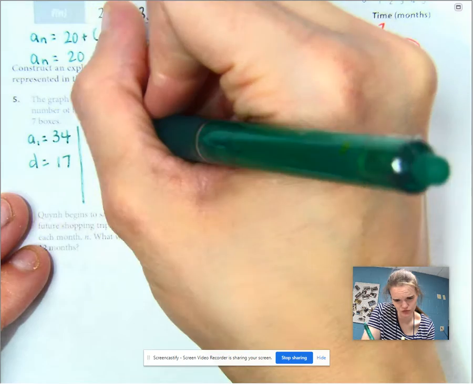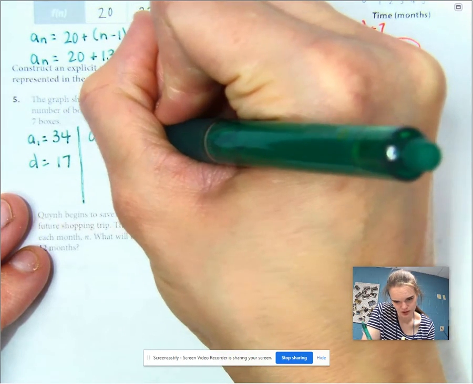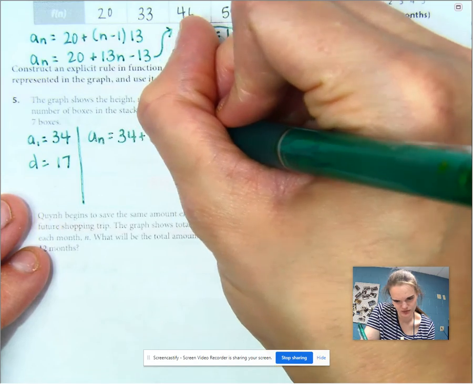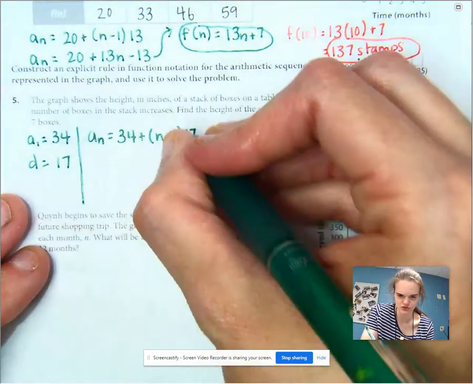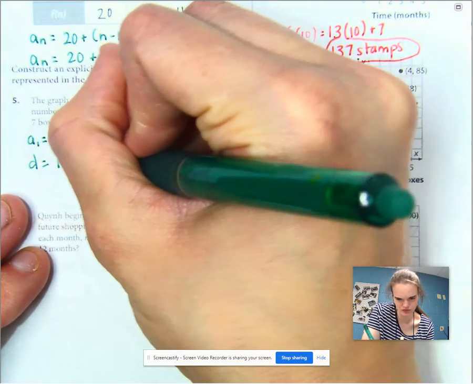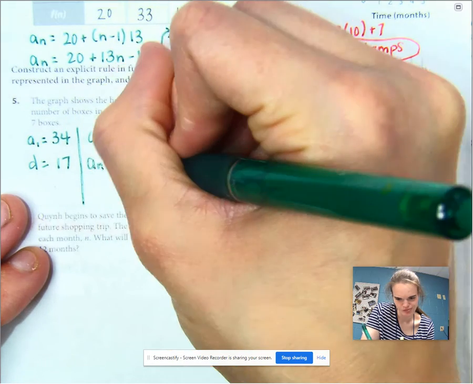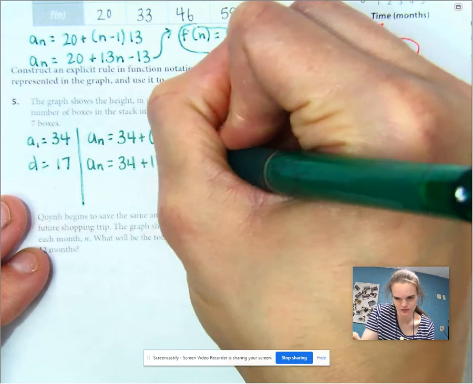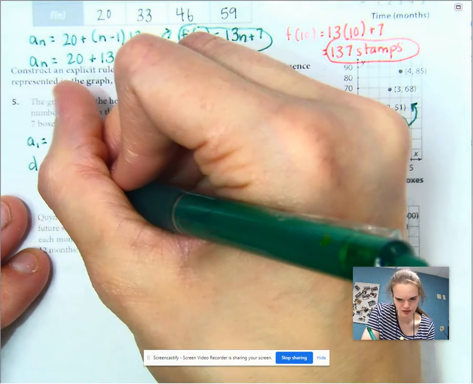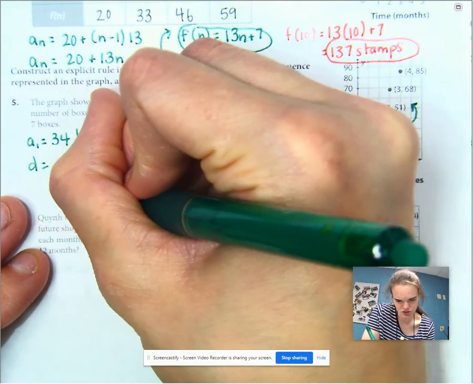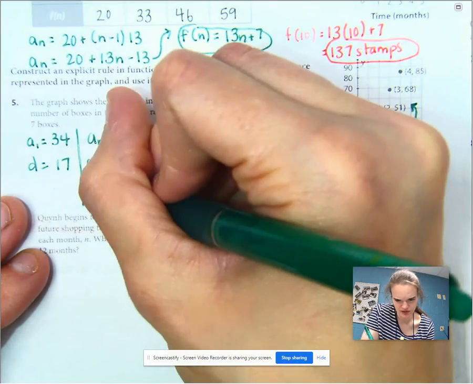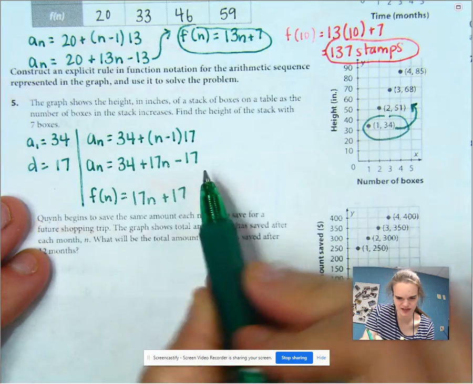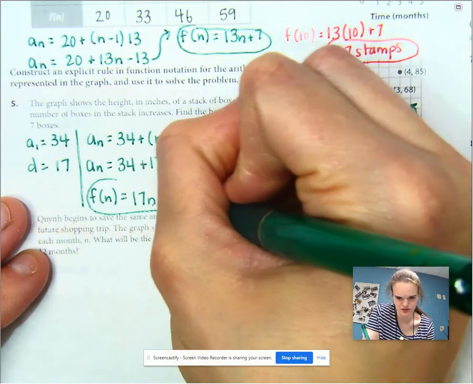A sub n equals 34 plus n minus 1 times 17. Distribute. A sub n equals 34 plus 17n minus 17. Then f of n, I'm changing it, equals 17n plus 17, because 34 minus 17 is also 17.